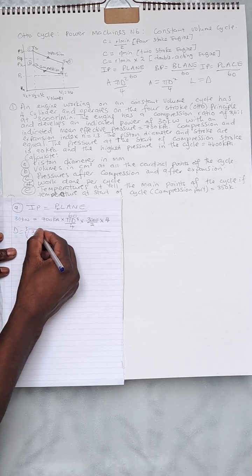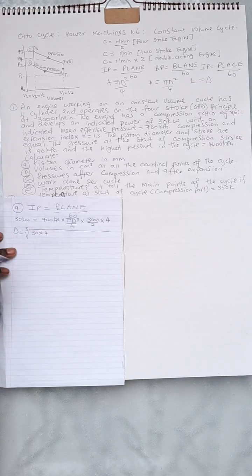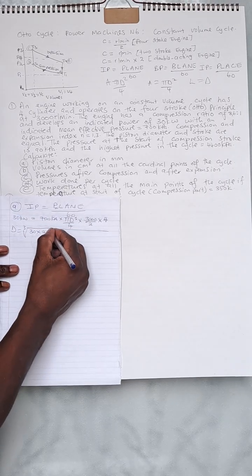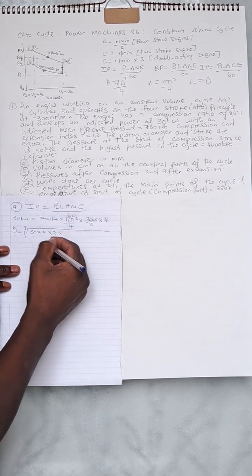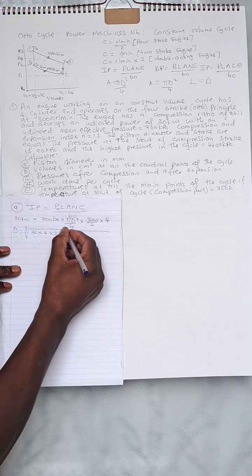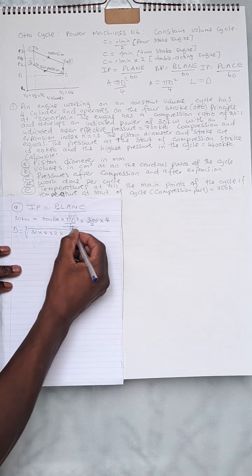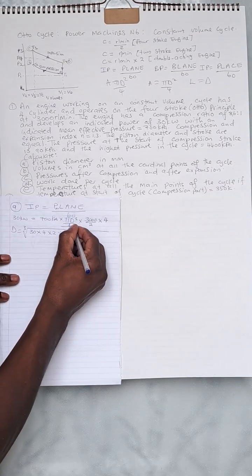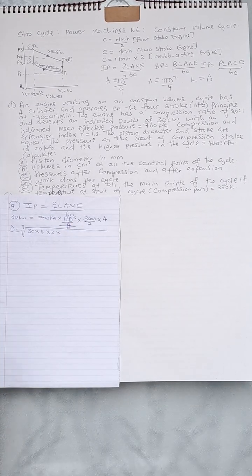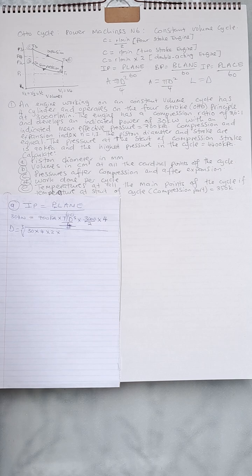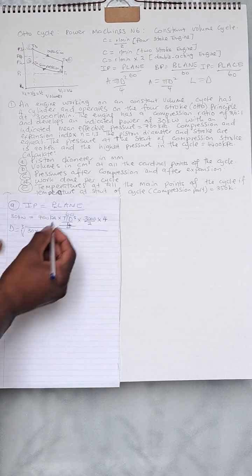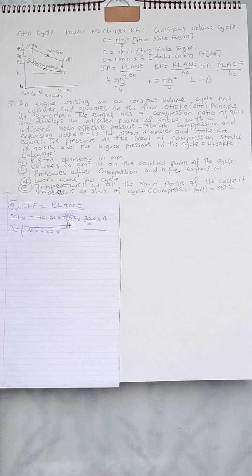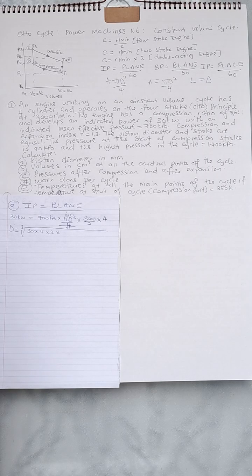we have 30 times 4 times 2. Don't forget, everything here has to also be divided by the 60. Don't forget that 60. So everything should be divided by 60 because we want to change our IP to be in seconds.